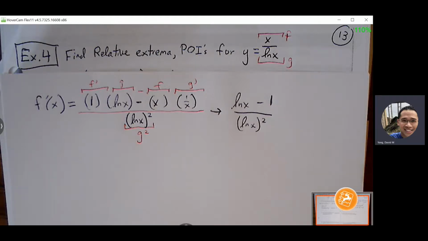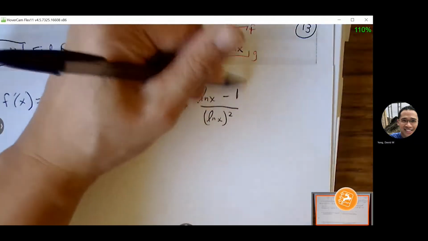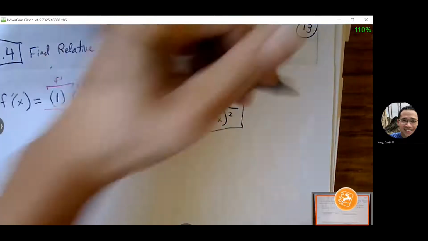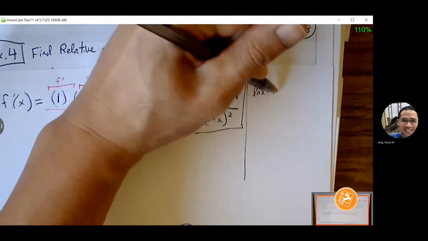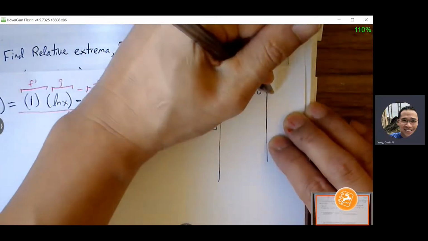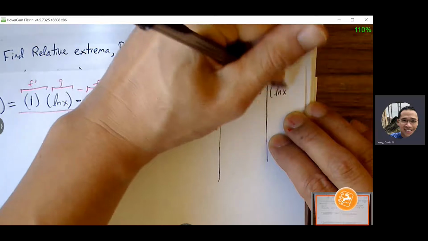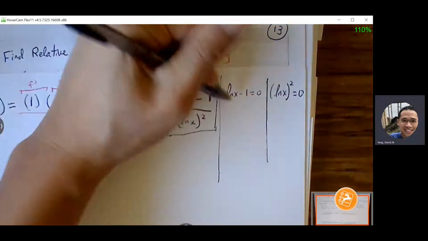Critical points come from both the numerator and denominator. Okay, so we'll set both equal to 0 separately. Okay, do this one first.